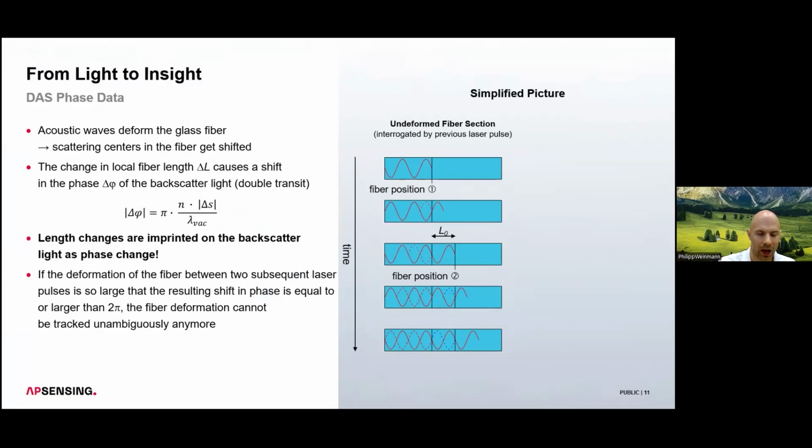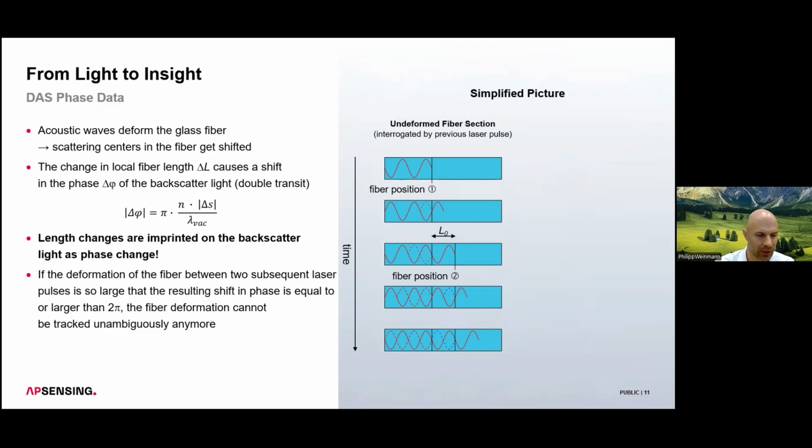So let's assume a very simple picture. Just focus on the right side for the moment. What we are doing now is considering an undeformed fiber section, which is shown here as this blue rectangle. And we are observing how a laser pulse is arriving from the left side.